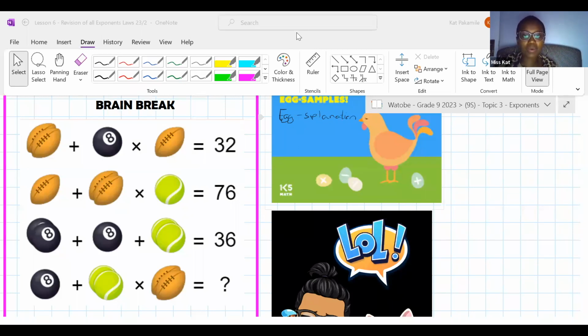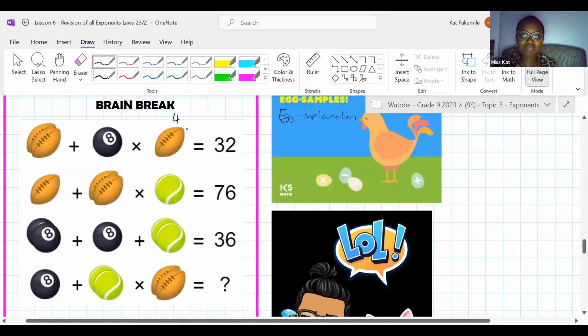I think the ball is 8. Which one? Anyone? Natasha's like, I'm not gonna do it. Rugby ball is 4. We have progress. Ma'am, that cracks me up. I hope it's my egg explanation. Anyway, sorry. Okay, so this would be 8 and this would have to be 6.